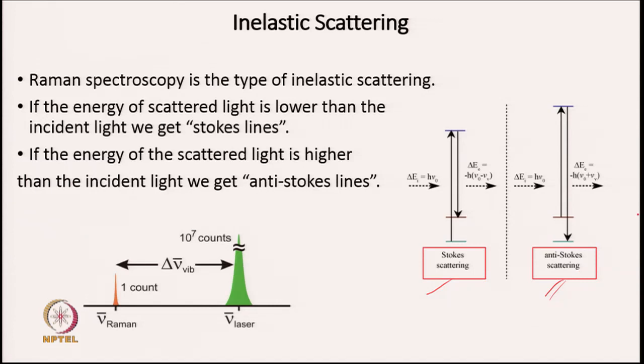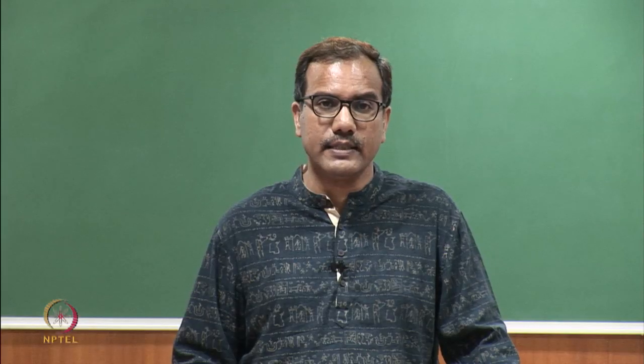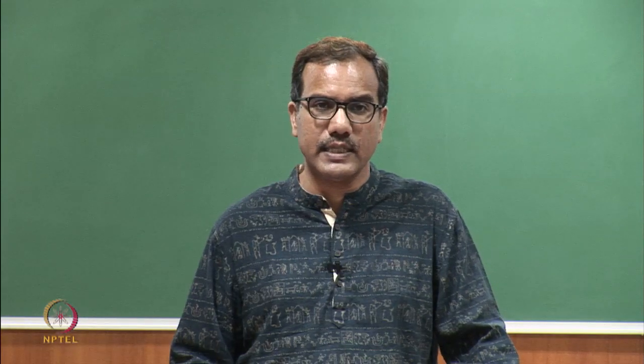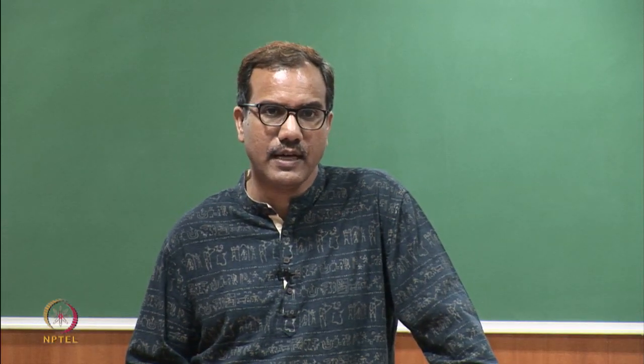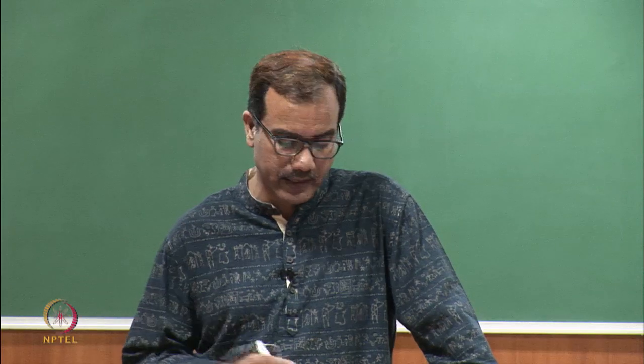In anti-Stokes scattering your lambda is going to be lower, whereas in Stokes scattering your lambda is going to be higher. So, what we generally calculate is the difference between your peak and the laser peak. If the energy of the scattered light is lower than that of the incident light, we get a Stokes line. If the energy of the scattered light is higher than the incident light, we get an anti-Stokes line.